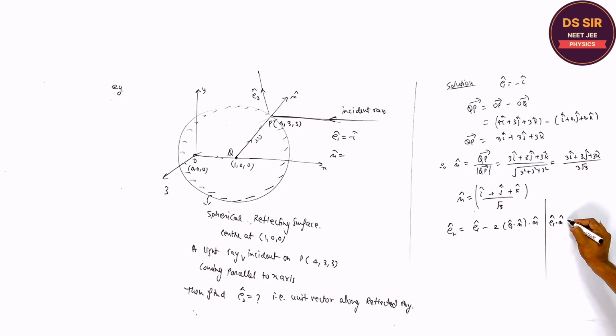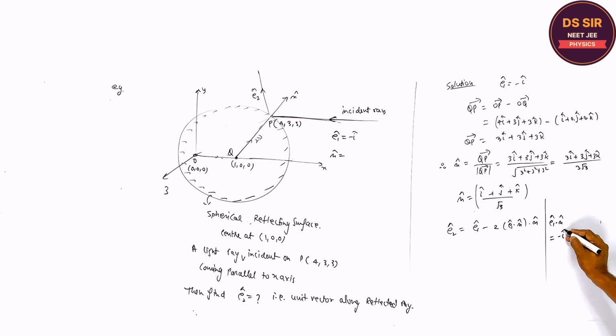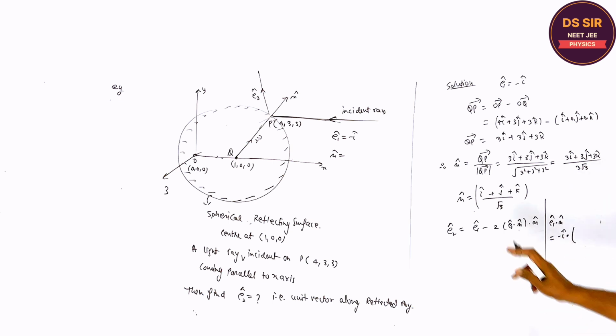E1 is minus I, and n cap is I cap plus J cap plus K cap upon root 3. I dot I is 1, and the dot products with J and K are 0. So the value is minus 1 by root 3.